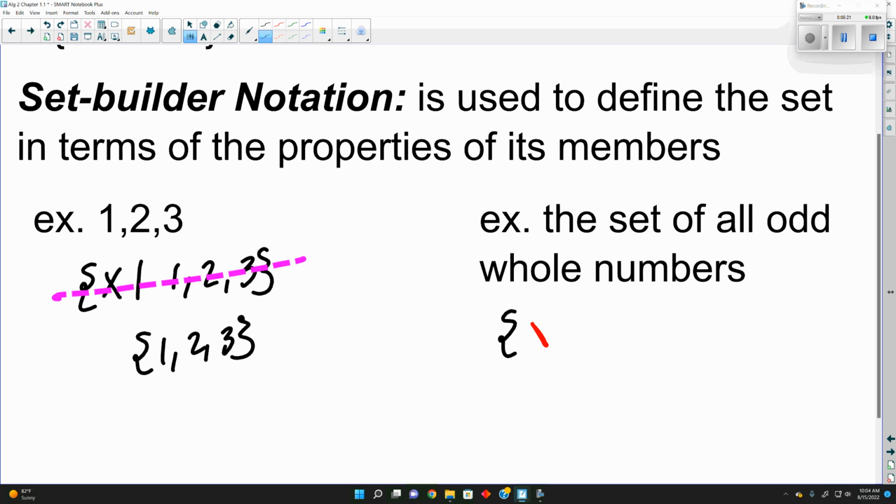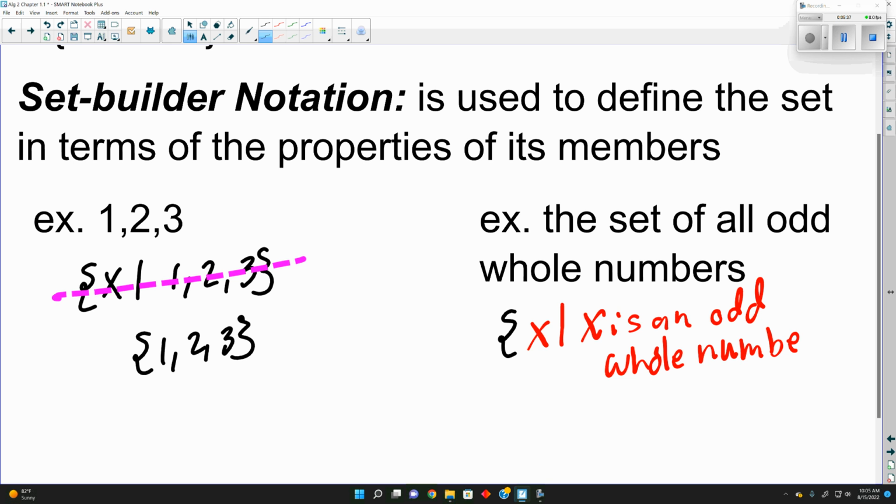But that's why set builder notation is nice, because I can start off with the set of all real numbers x such that x is an odd whole number. Now, really, we would write that on one line.